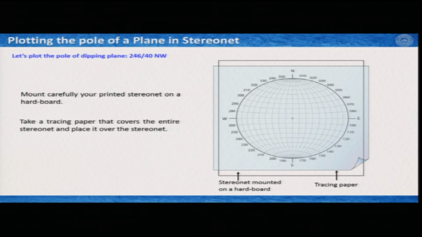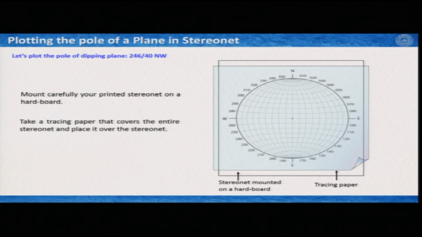Let us have a look at how to plot the pole of a plane on a stereo net. I remind you, pole of a plane is nothing but an imaginary line which is normal to the plane. So, we will follow the similar process, and in this case we have the dipping plane with the data 246 degree 40 degree northwest.